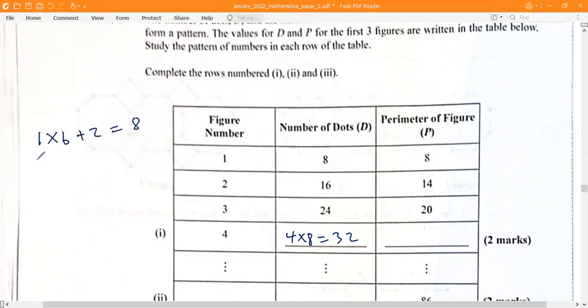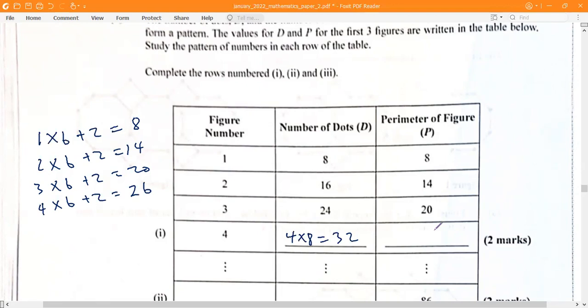If I take figure number 2 and multiply by 6, add 2, I get 14. 3 times 6 plus 2 is 20. So there's a pattern. So 4 times 6 plus 2 is 24 plus 2, which is 26. It also obeys the sequence of adding 6. 8 plus 6 is 14, plus 6 is 20, plus 6 is 26.